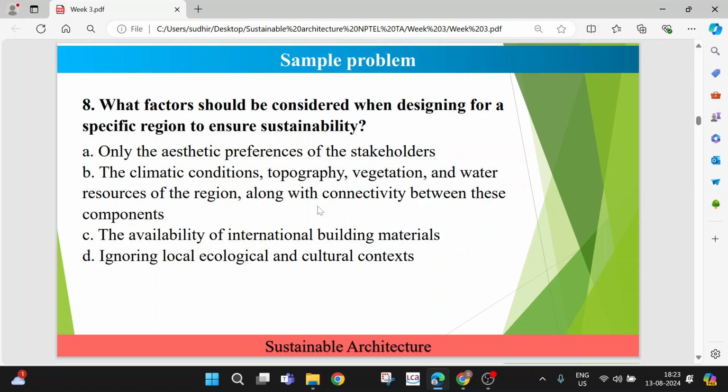For this, the correct answer is B, that is the climate condition, topography.